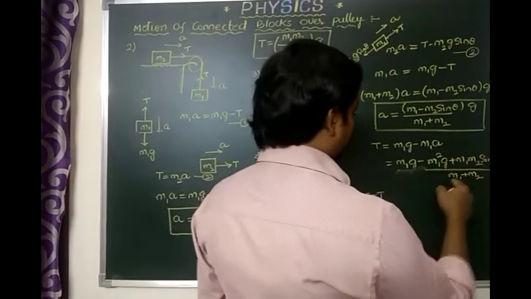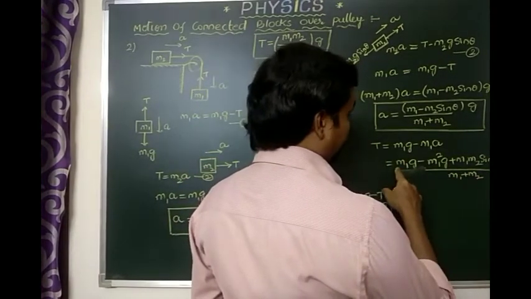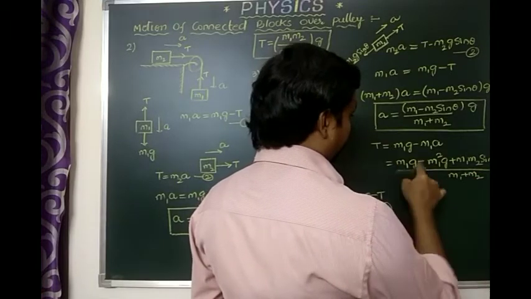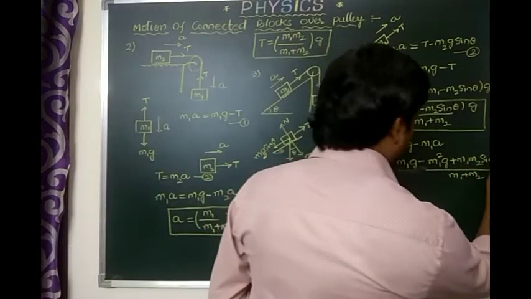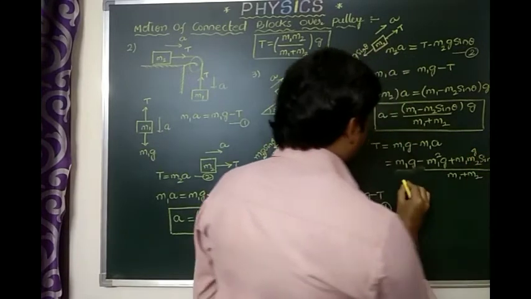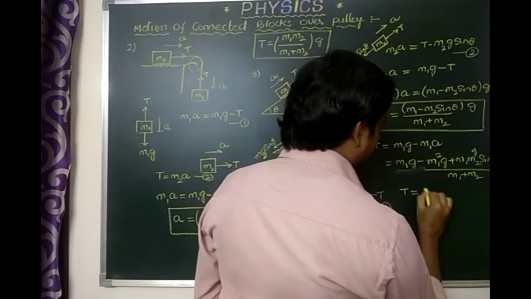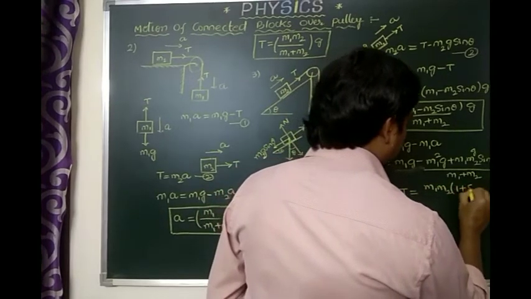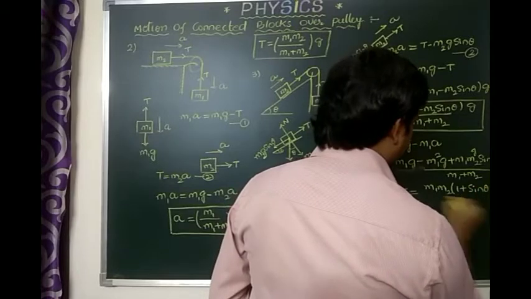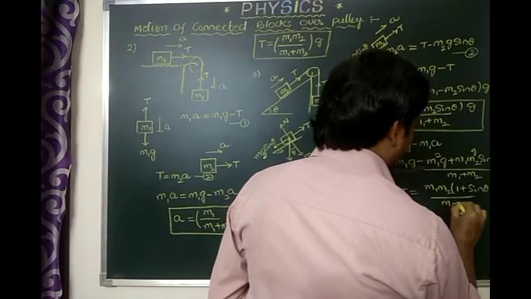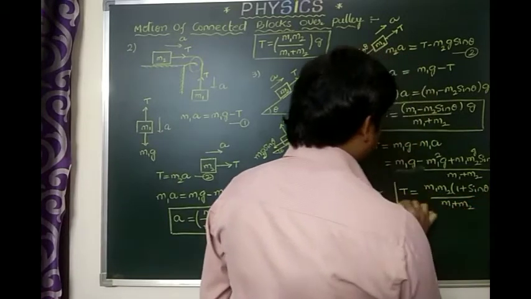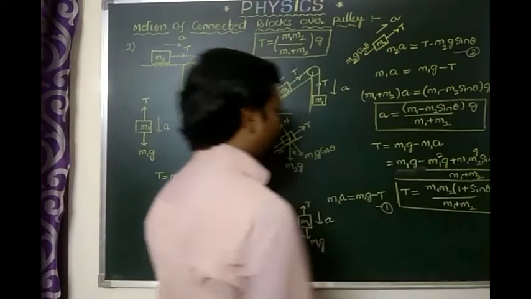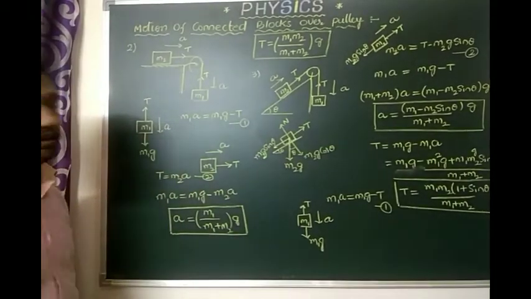Okay, here, multiplication again, m1 square g gets cancelled, so m1 m2 g. So we will get the formula directly. Taking m1 m2 common, m1 m2 into 1 plus sin theta by m1 plus m2. This is the tension in the string.